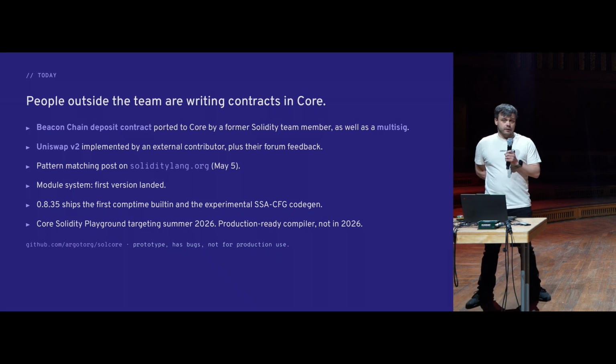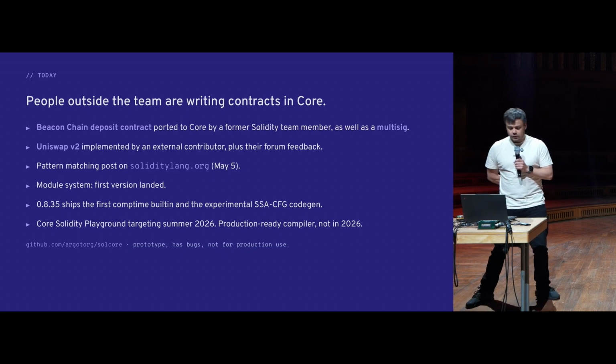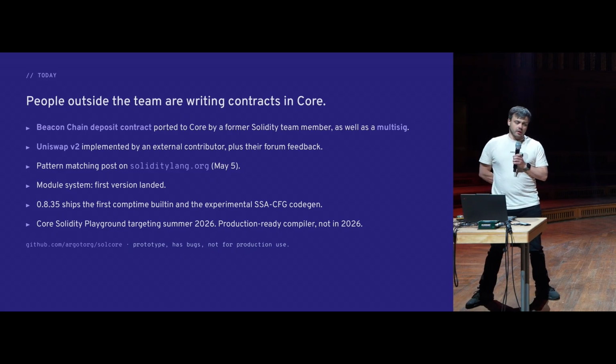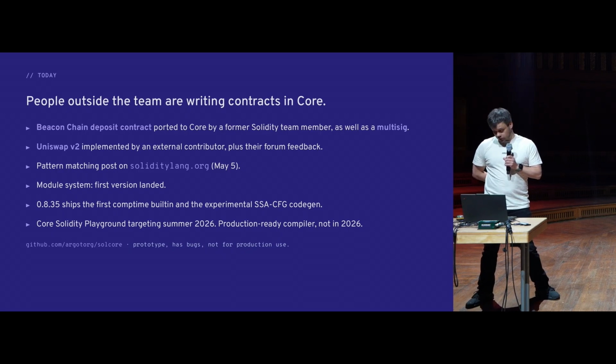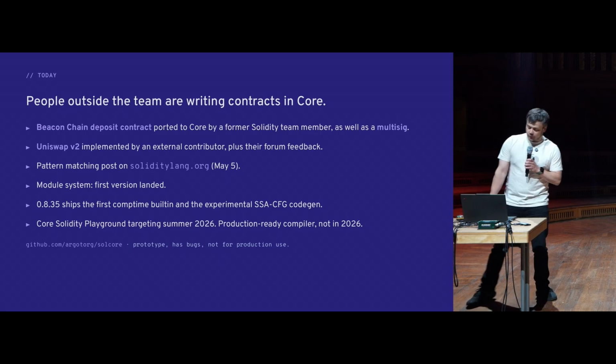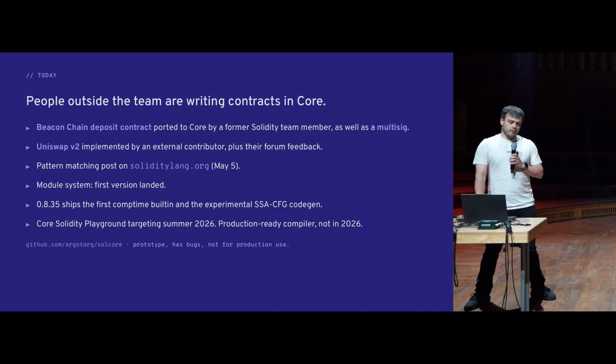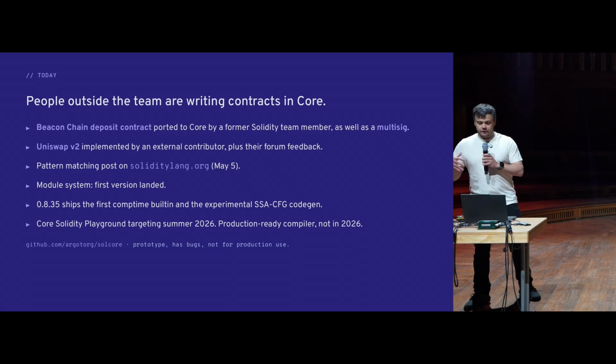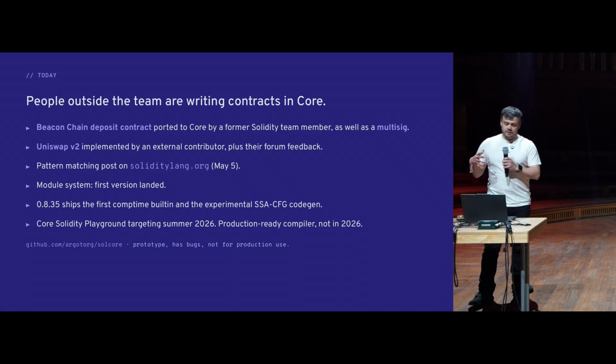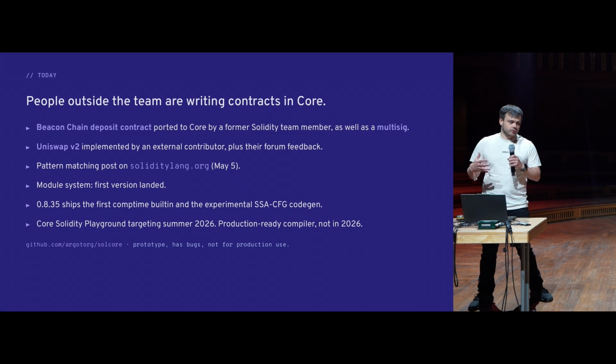And as I mentioned earlier, the 0.8.35 version of Solidity also has a comptime built-in and this experimental SSA-CFG codegen. So it's all starting to come together, and we will have the foundation to be able to really have a language for writing smart contracts that fits the, let's say, state of programming languages in 2026.